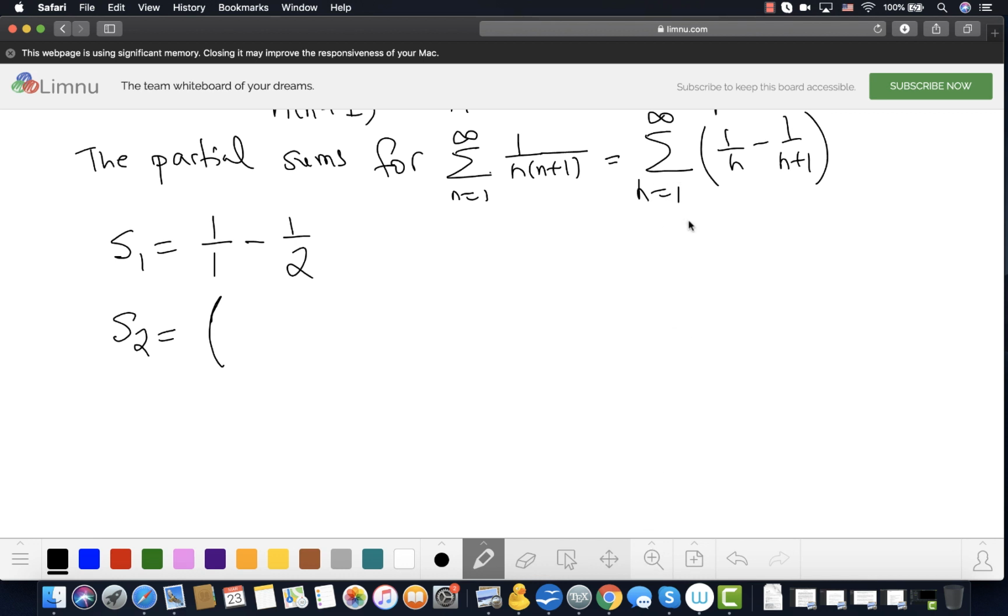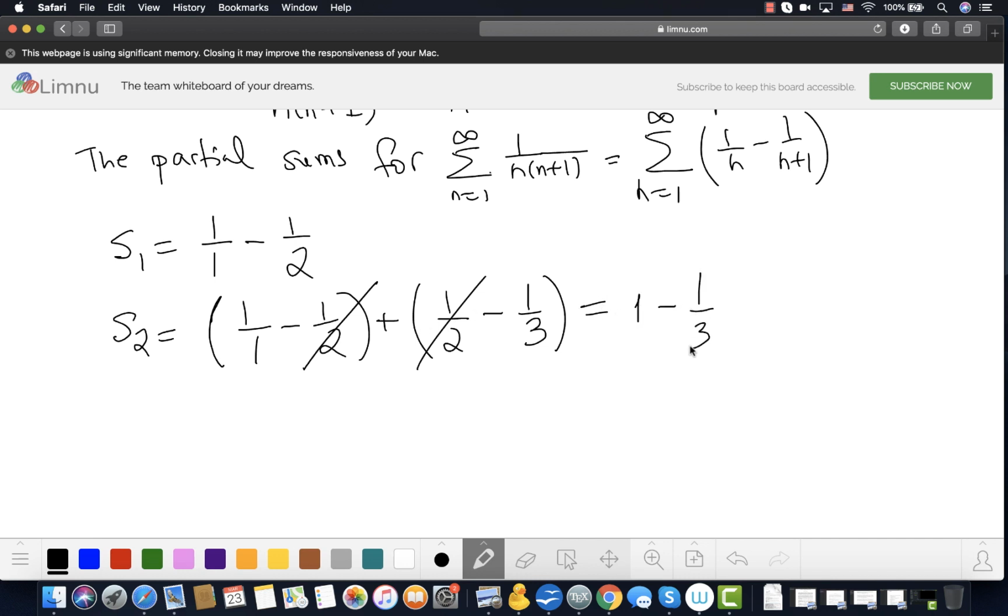When n is 1, the first term is 1 divided by 1 minus 1 divided by 2. And then plus the term that corresponds to n equals 2, and that is 1 divided by 2 minus 1 divided by 3, because that's what happens when you plug in n equals 2. But we already see some cancellation. Negative 1/2 plus 1/2 cancels. So you just get 1 minus 1/3.